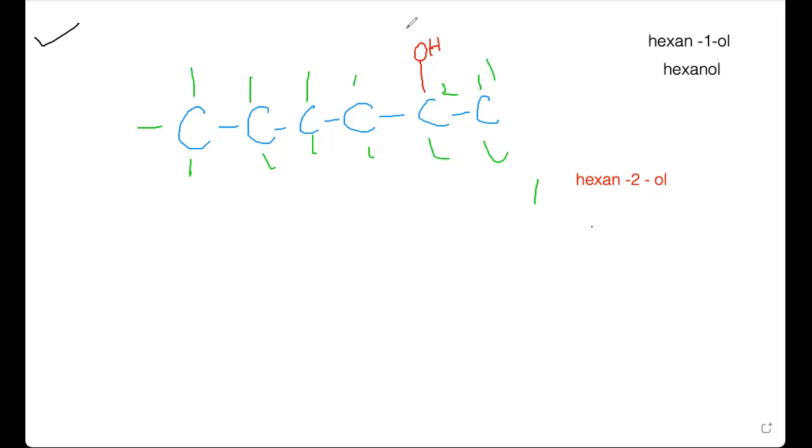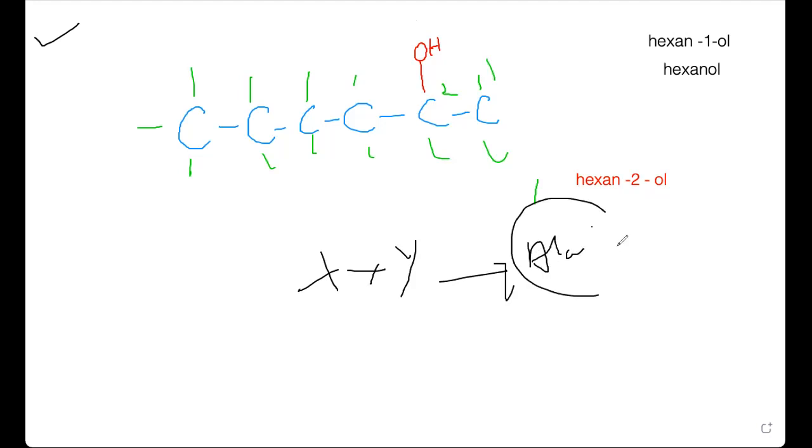And one more thing, the formation of alcohol is not that easy in A levels. If you say, Miss, I have X and Y, and together they are giving me alcohol, which type of alcohol is it?